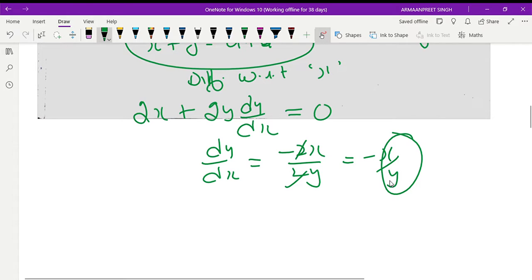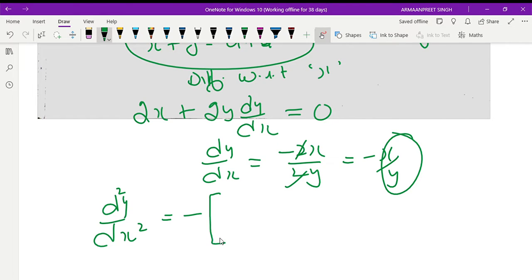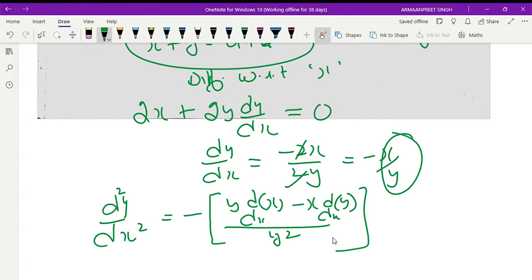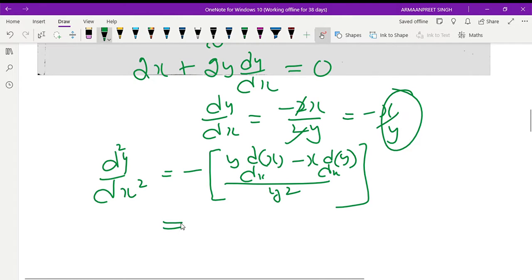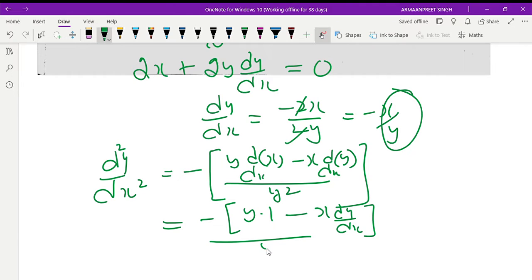Now for the second derivative we use the quotient rule. So take the negative outside: y square, y d/dx of x minus x d/dx of y. So negative, it is y, derivative is 1, it is x, dy by dx, and y square.